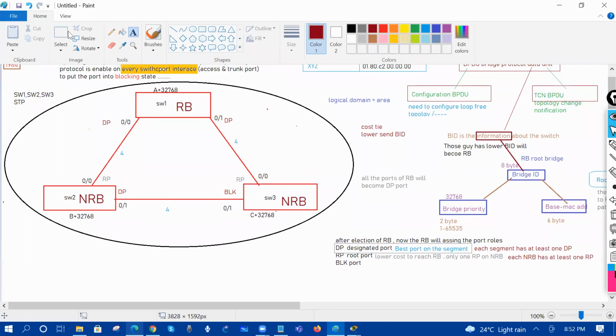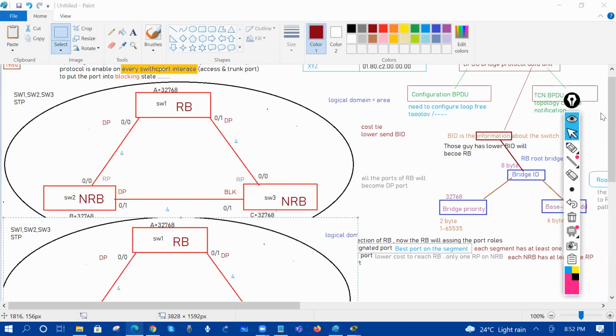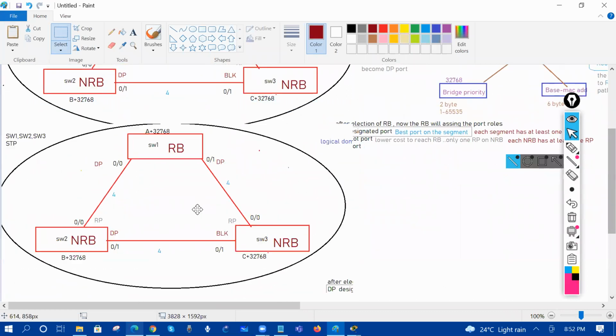After having this part, your topology will look something like this. Your virtual topology, or we can say logical topology, will look like this.